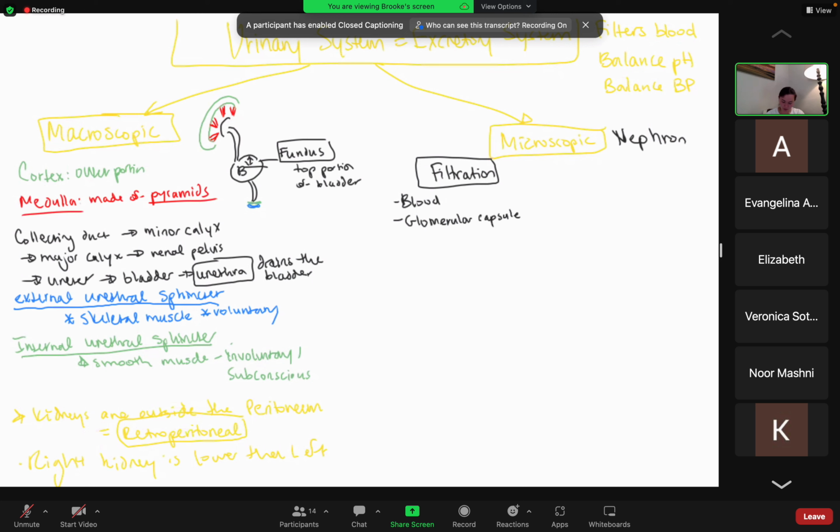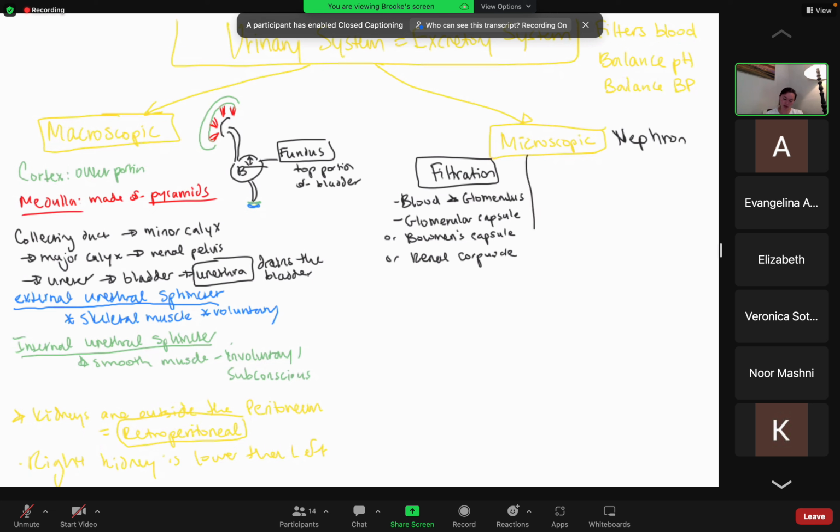I forgot that name for it. I said Bowman's capsule and renal capsule, but it's also called the glomerular capsule. So it has one more name I didn't include earlier. So renal corpuscle, Bowman's capsule, glomerular capsule. So 3 names. So filtration happens in the glomerulus.